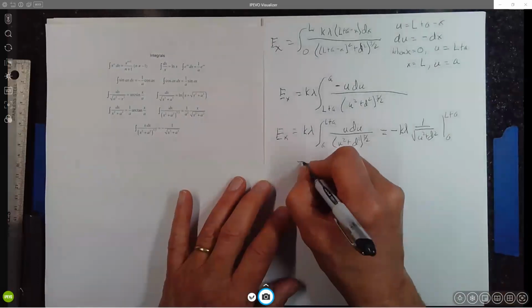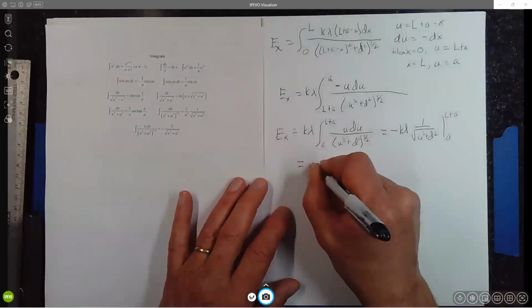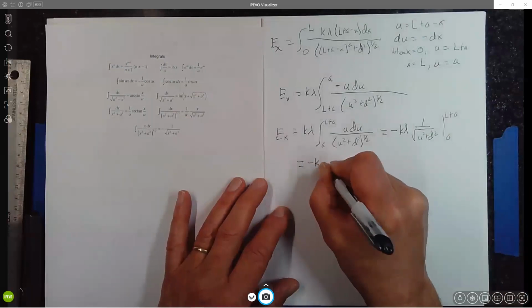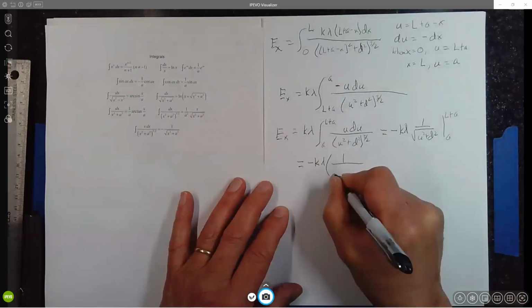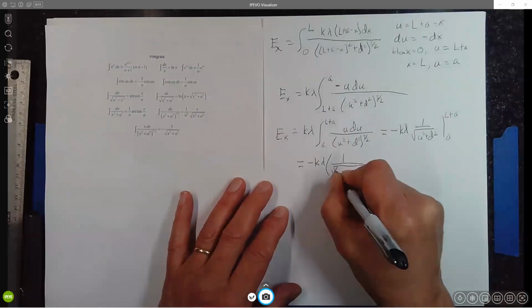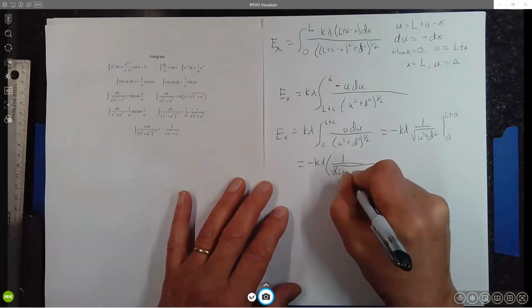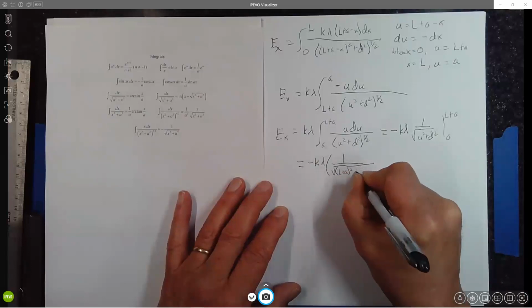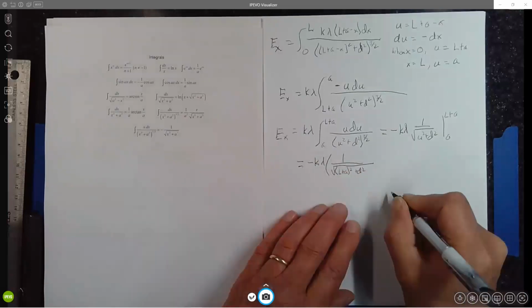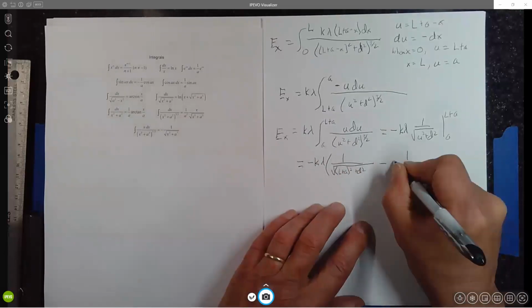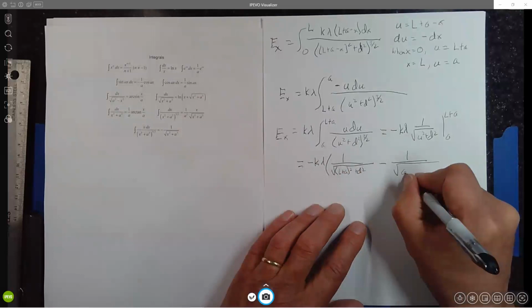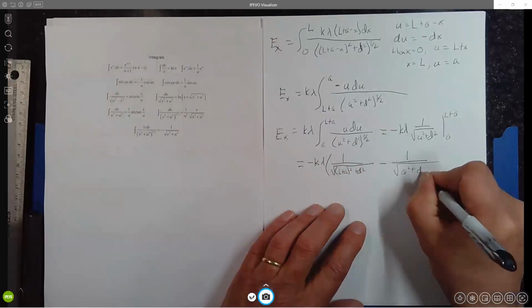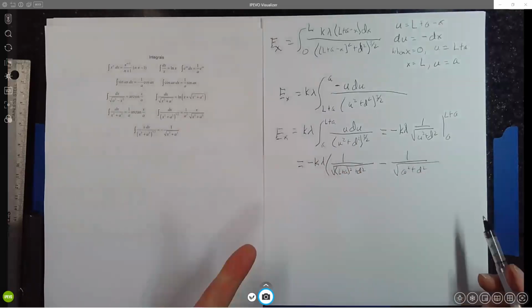So my e sub x, my x component, is going to be minus k lambda times 1 over the square root of L plus a squared plus d squared minus 1 over the square root of a squared plus d squared. And I think that's it.